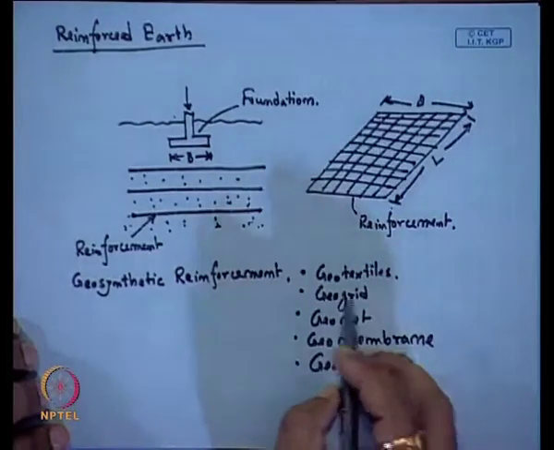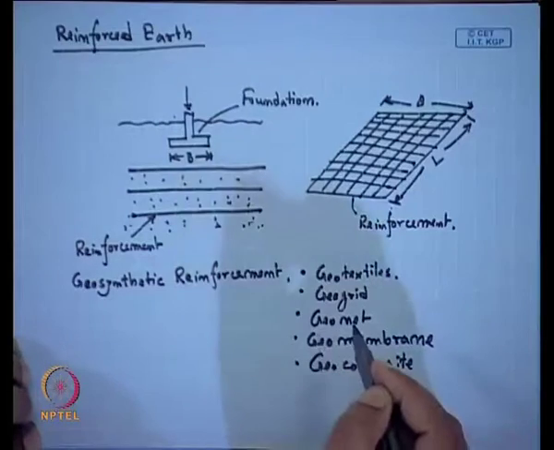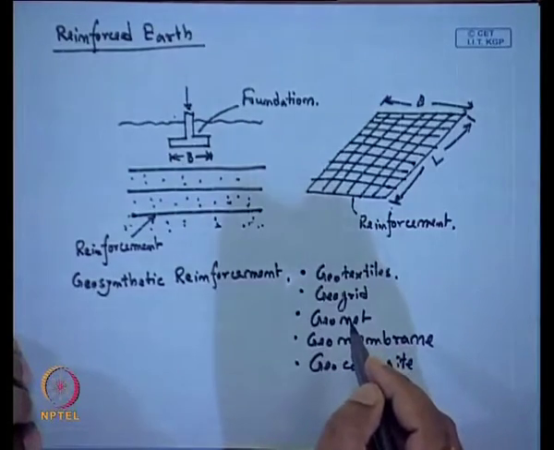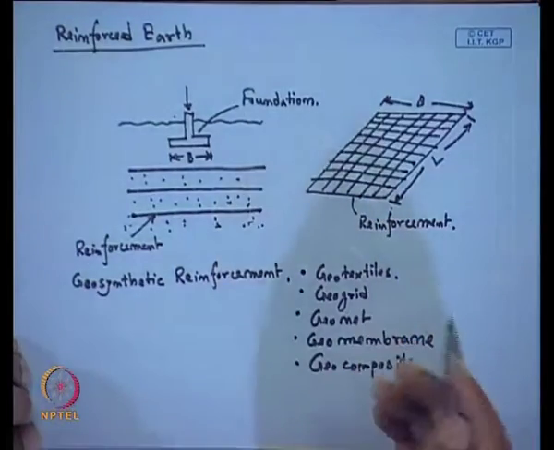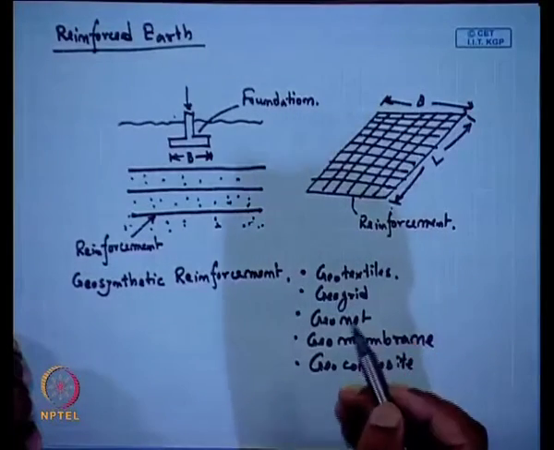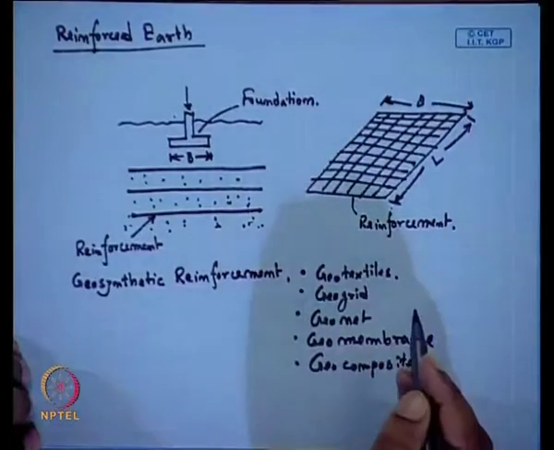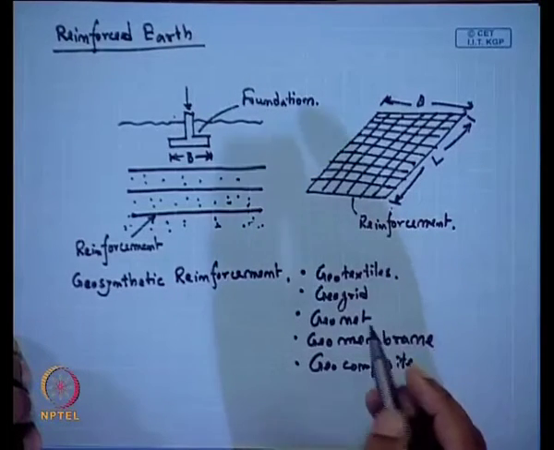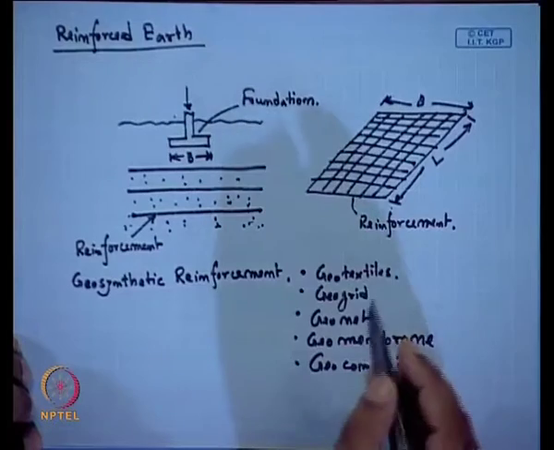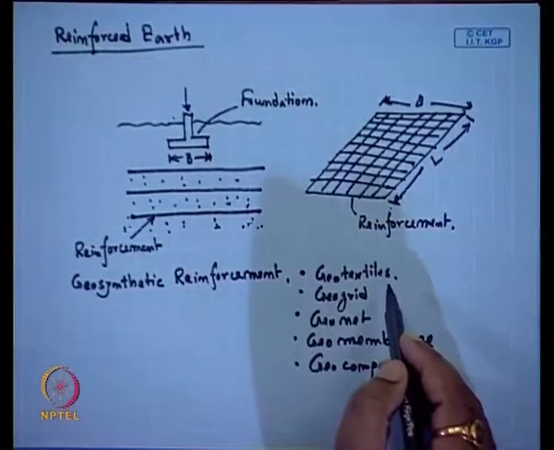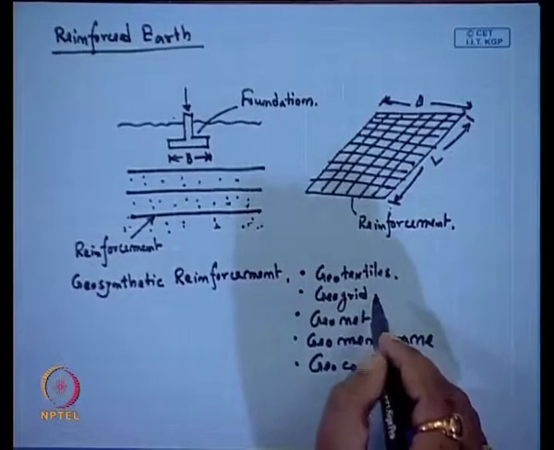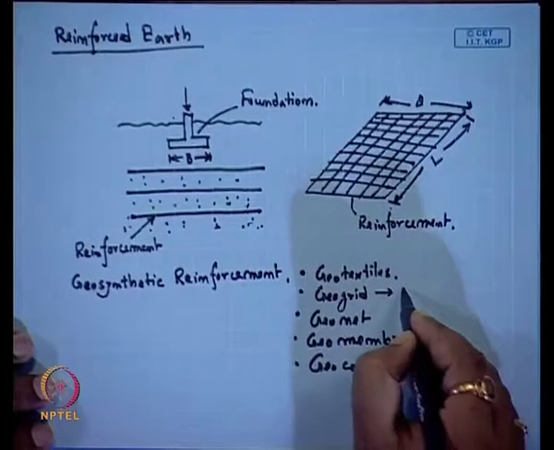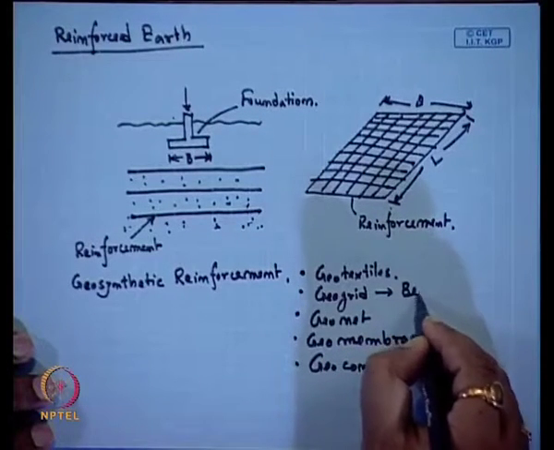Geosynthetic can act as a separator, it can act as a bearing capacity improvement material, we can use it for drainage purpose, and we can use it for a barrier purpose. Suppose for bearing capacity, mainly we use the geogrid.